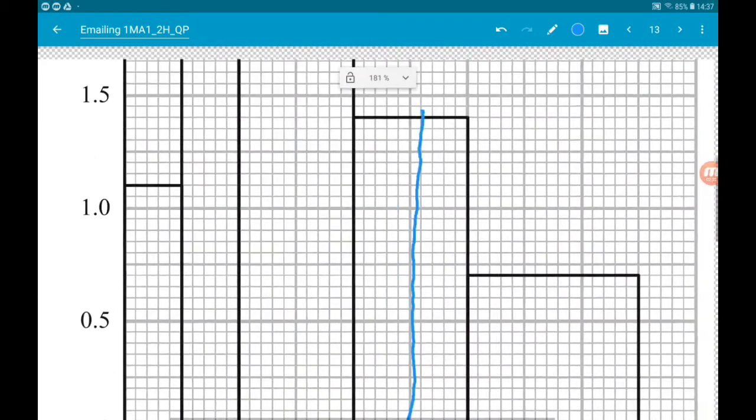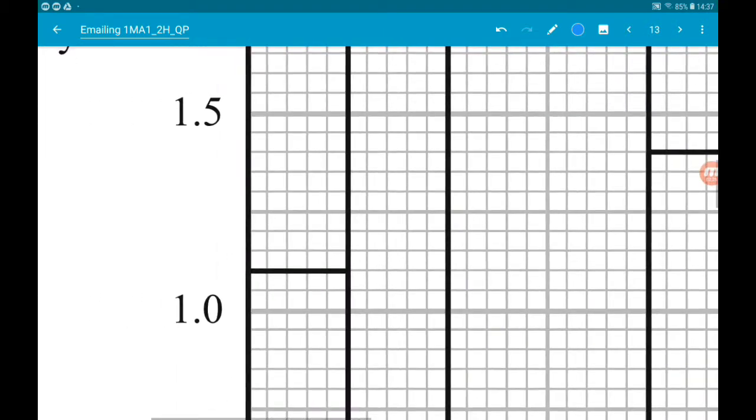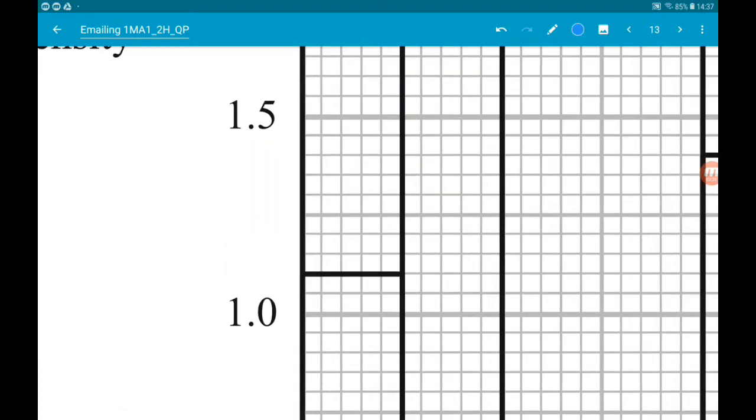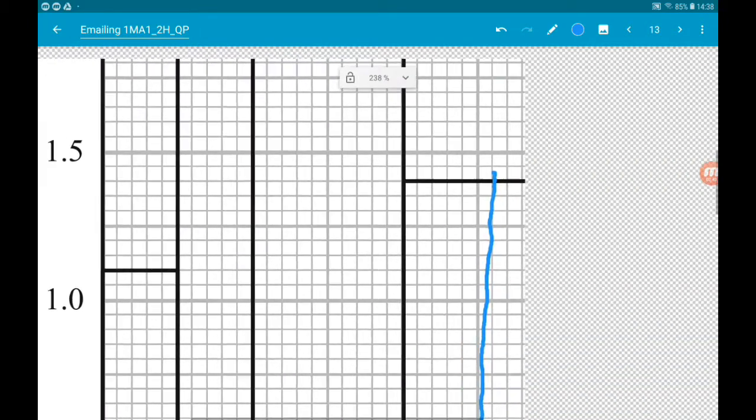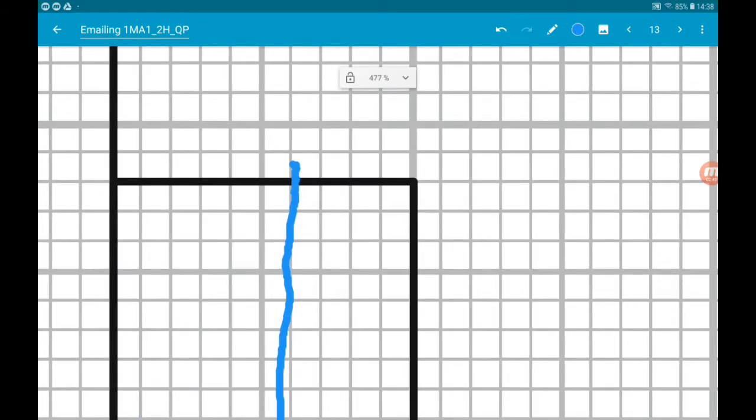Now we need the frequency density, which is the height of the rectangle. So we can see one big square represents 0.5, which means every little square represents 0.05. So this frequency density is two little squares below 1.5, so it's 1.4.